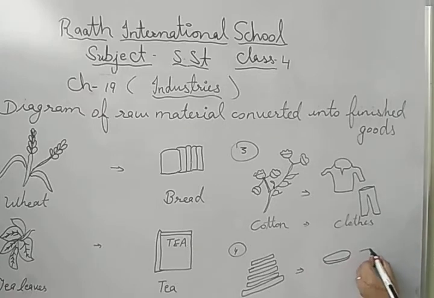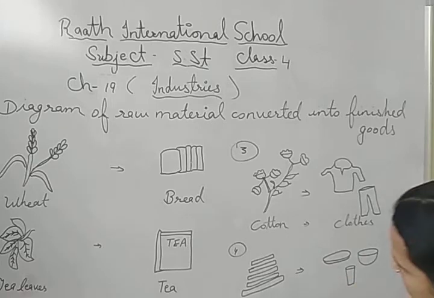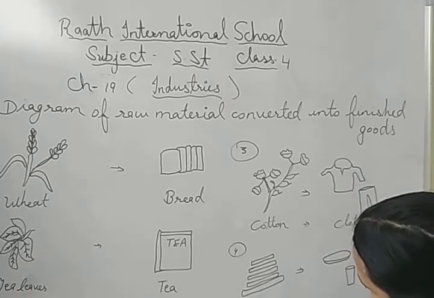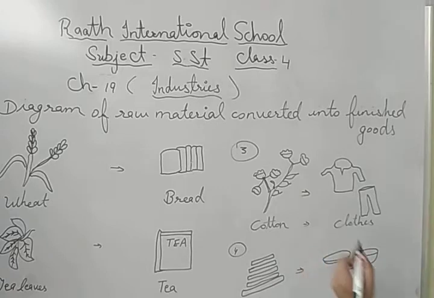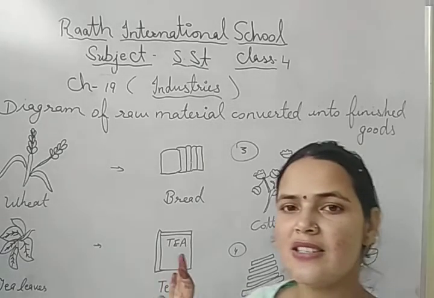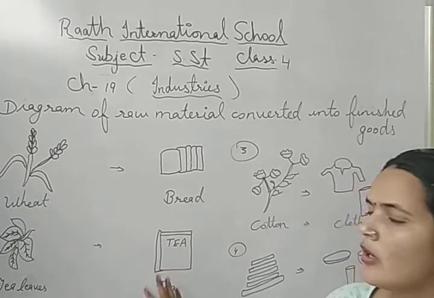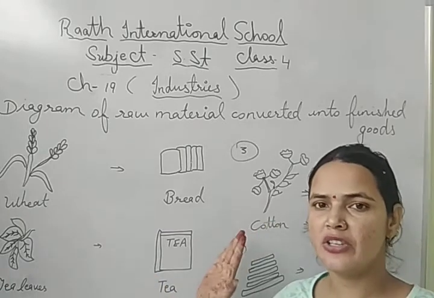These are the different kinds of utensils. So it is steel that is used as a raw material to produce utensils. So this is the diagram of raw materials converted into finished good.